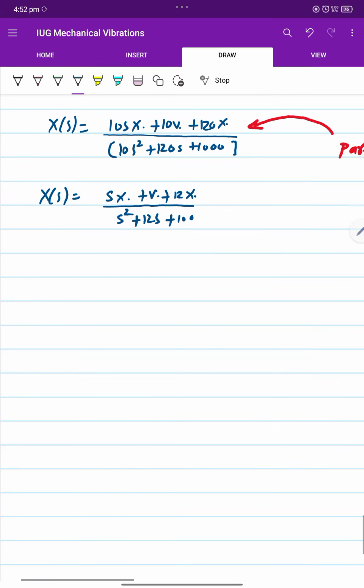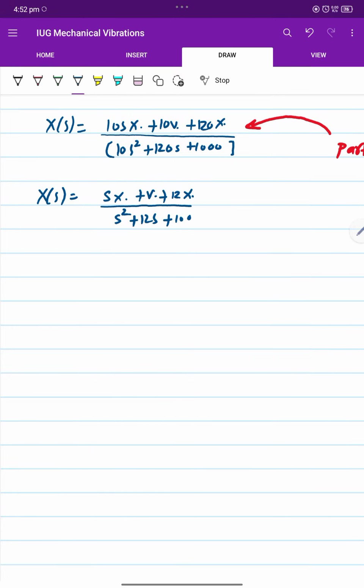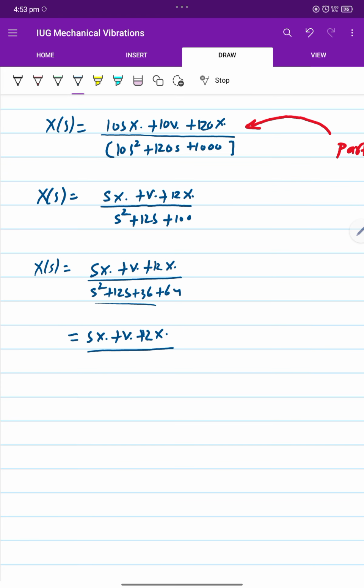If you check out this lower one, you can divide this into simple fraction: s x naught plus v naught plus 12 x naught whole divided by s square plus 12s, and you can divide the 100 into 36 plus 64. It's also 100, so it becomes s x naught plus v naught plus 12 x naught divided by s plus 6 square plus 8 square, is it?